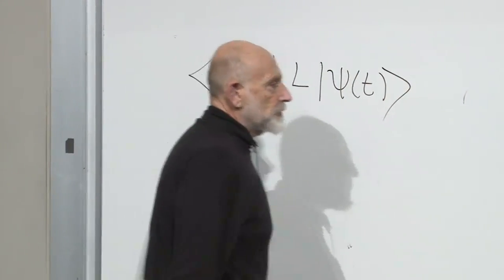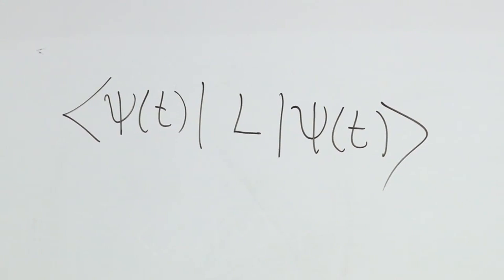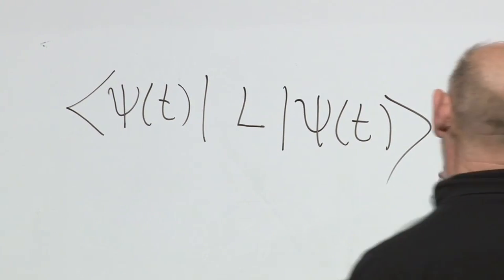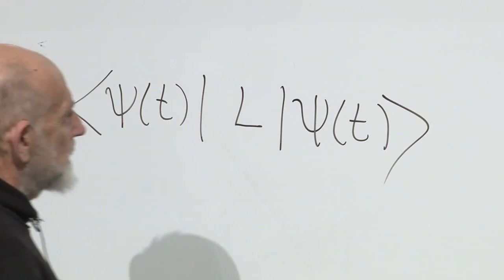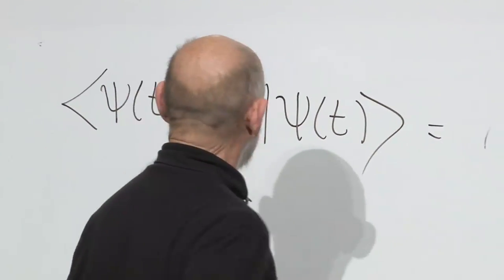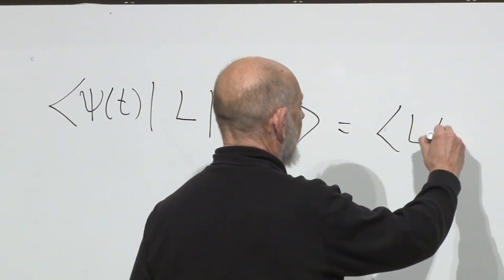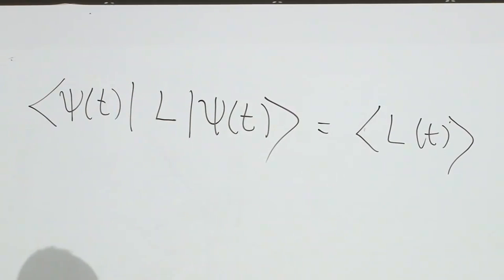In other words, I've just plugged in for A the actual time-dependent state of the system. This is the average of L as a function of time. Again, this is a kind of wrong notation.